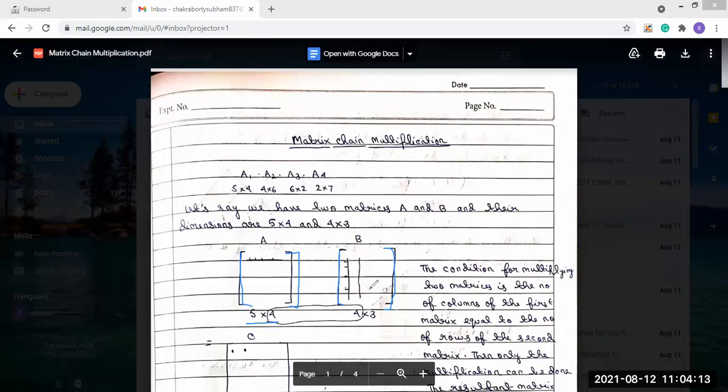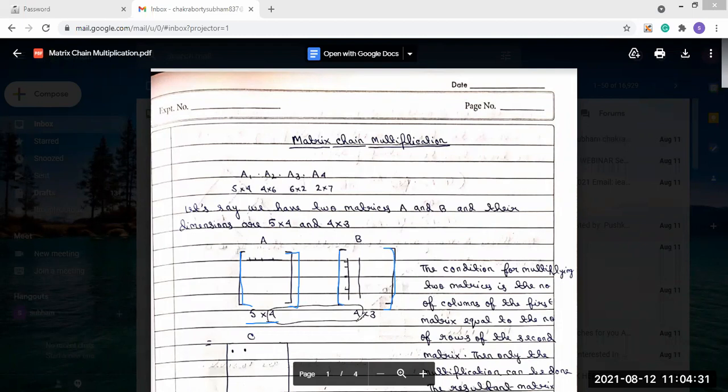And the B matrix has 4 rows and 3 columns. So A's dimension is 5 into 4 and B's dimension is 4 into 3.